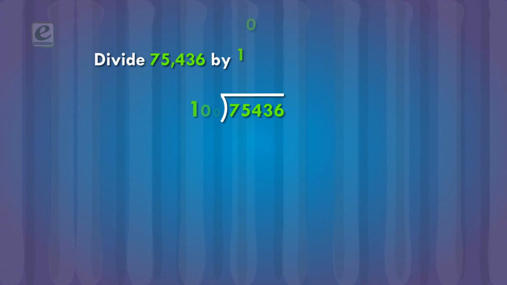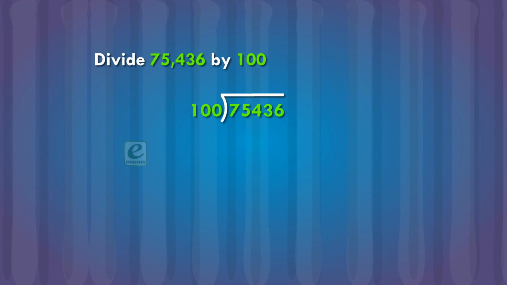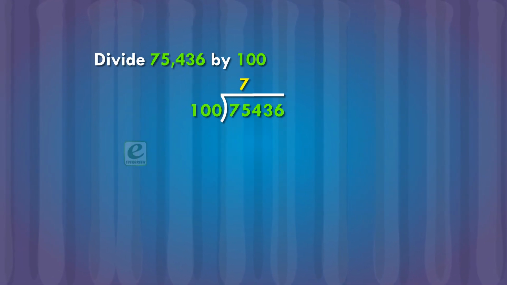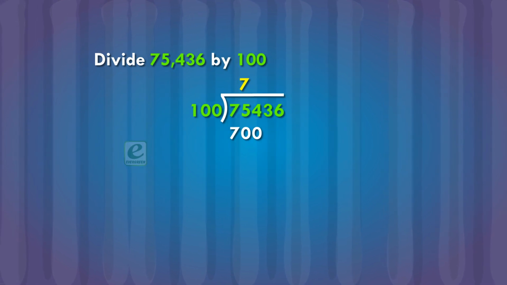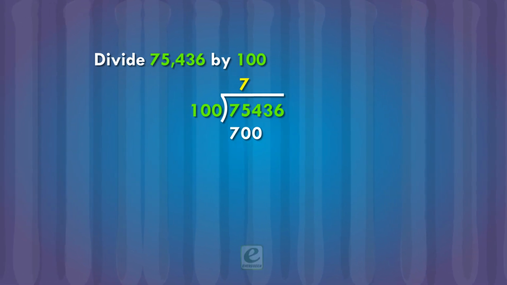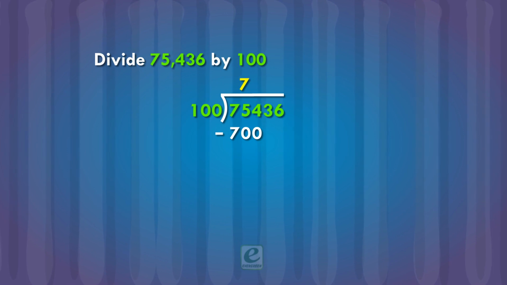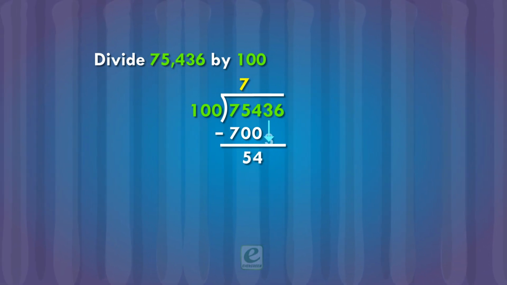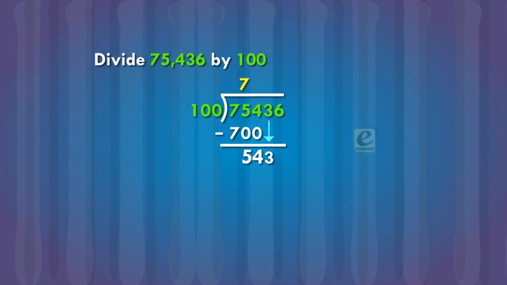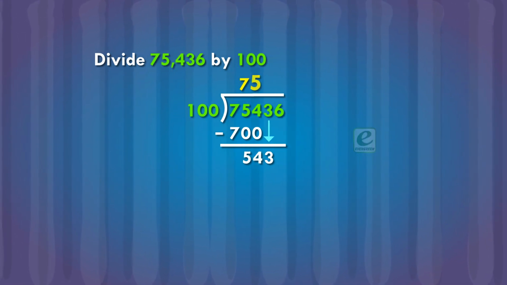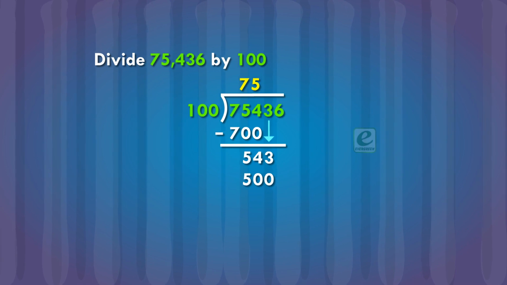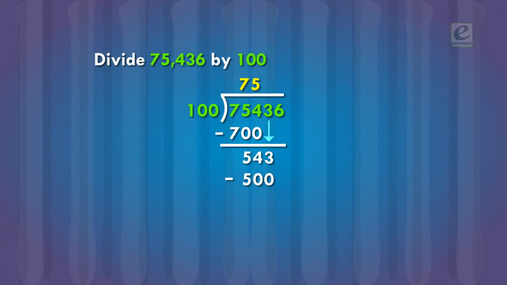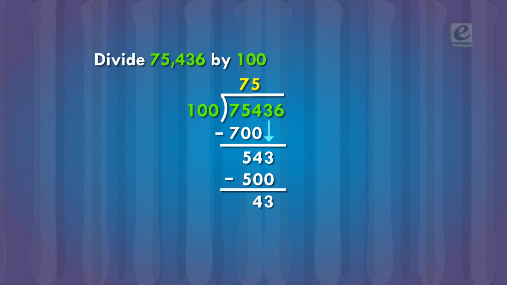Divide 7,436 by 100. First, 100 goes till 7. 100 sevens are 700. 743 minus 700 is equal to 43.